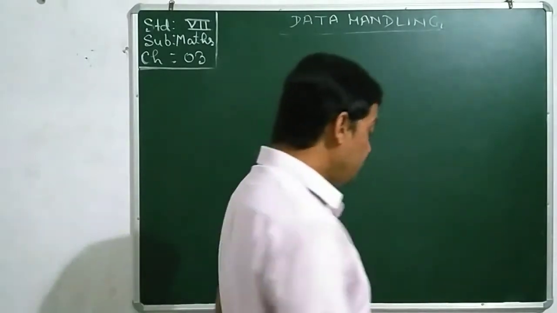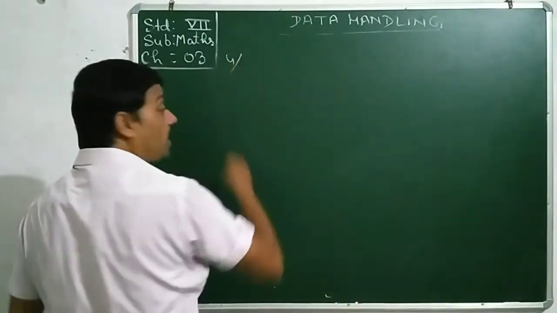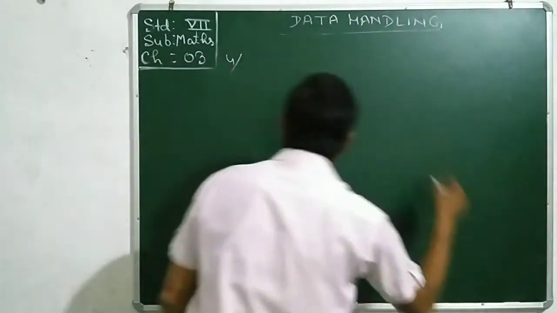See how we draw the bar graph in the 4 number sum. One I will show you, and the remaining you can of course draw yourself.